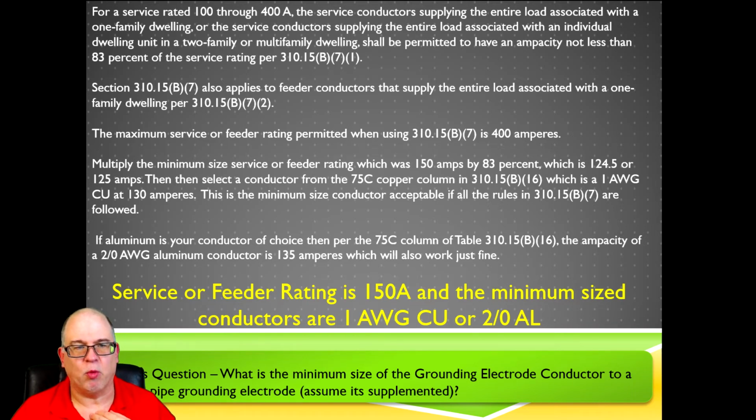And remember, a one family dwelling is a dwelling unit. I can also use this for individual dwelling units of two family and multifamily dwellings. So if I'm calculating the feeders to those individual dwelling units, then I can do so.